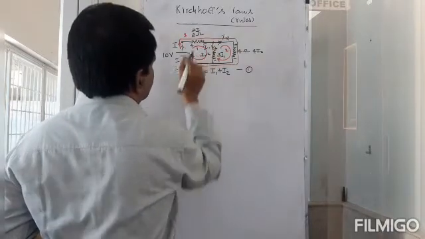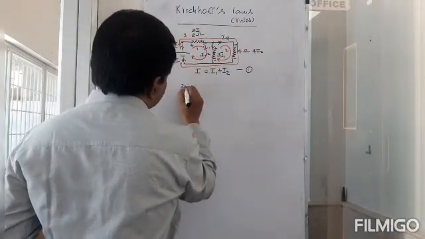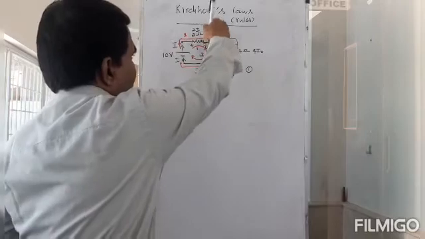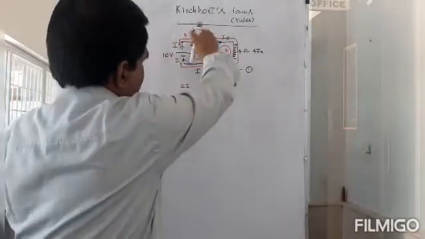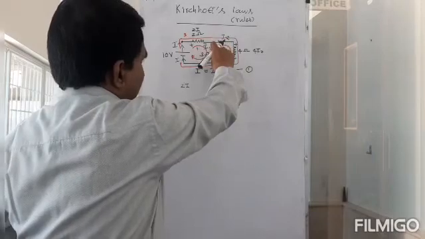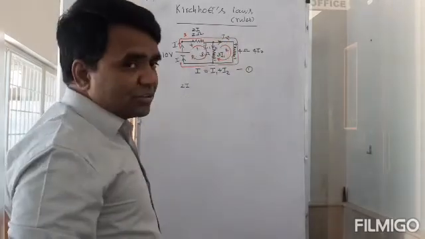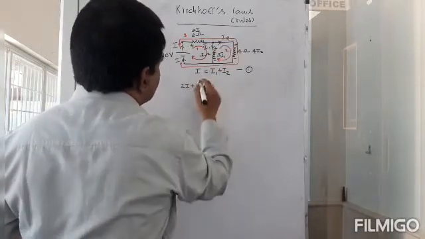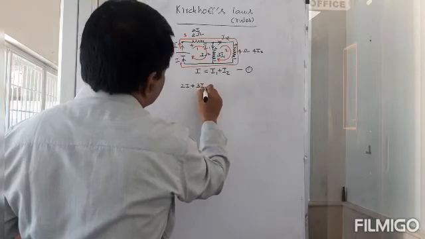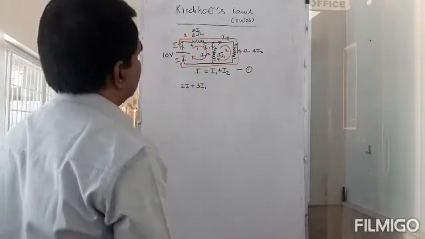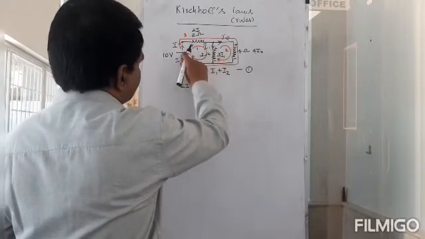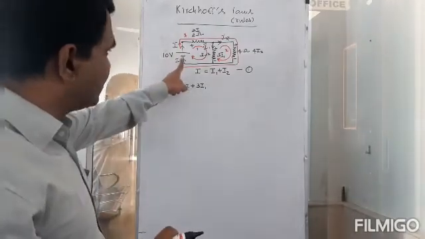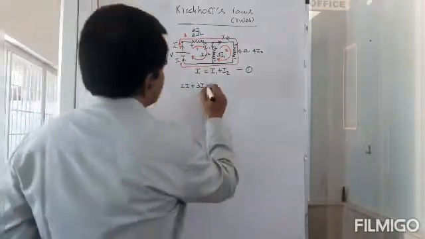So this is 2I. That's for this. And then I come here. Again, this resistor, how am I entering? I am entering at the positive potential again. So again positive. So that's going to be plus 3I1. Okay? And now I come back here. I have the battery. How do I enter? I enter through the negative potential. So I will say it is minus 10.